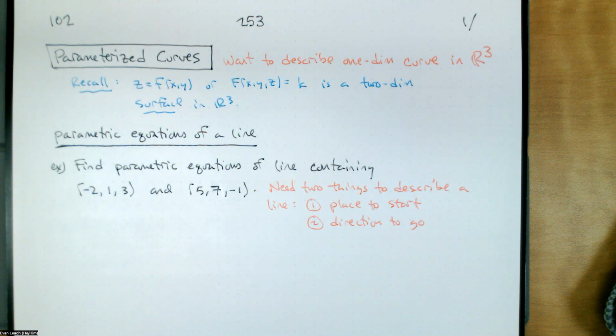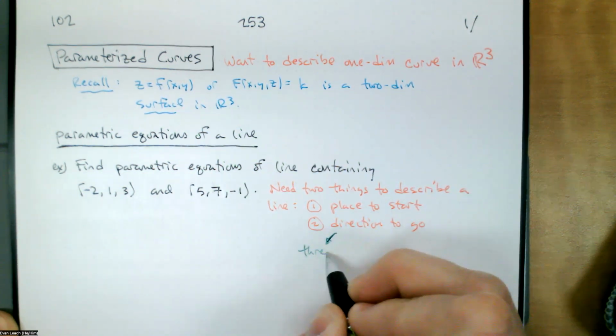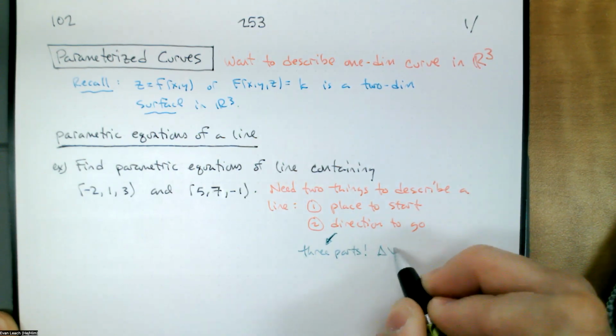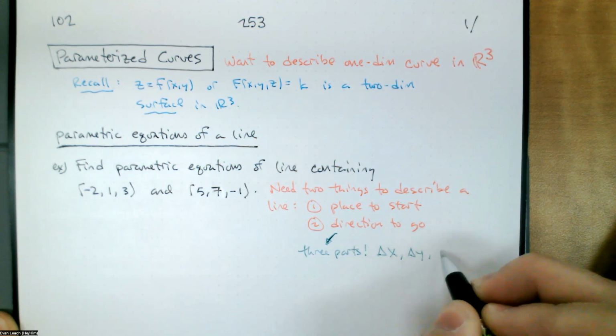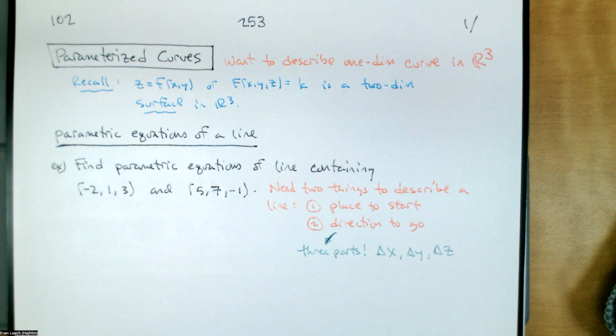So our direction to go is going to have three parts. We need a change in x, a change in y, and a change in z. Then we're going to take those three deltas, put them into one vector, and that will be our direction vector.